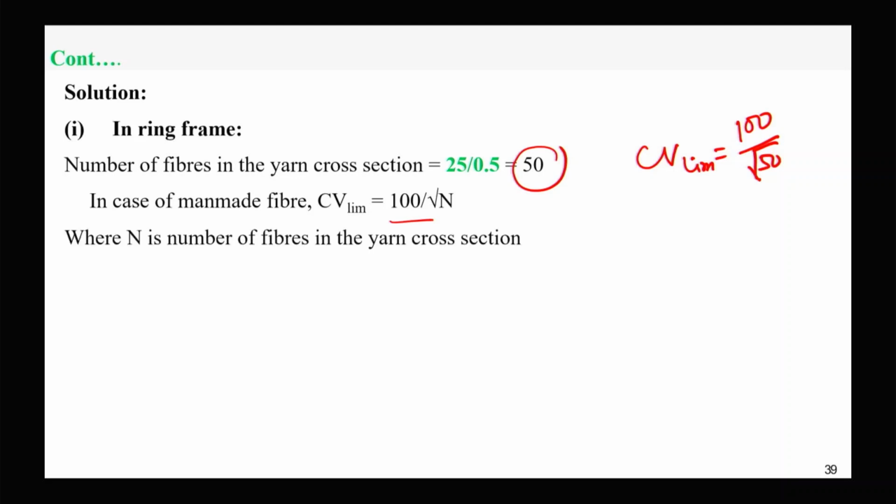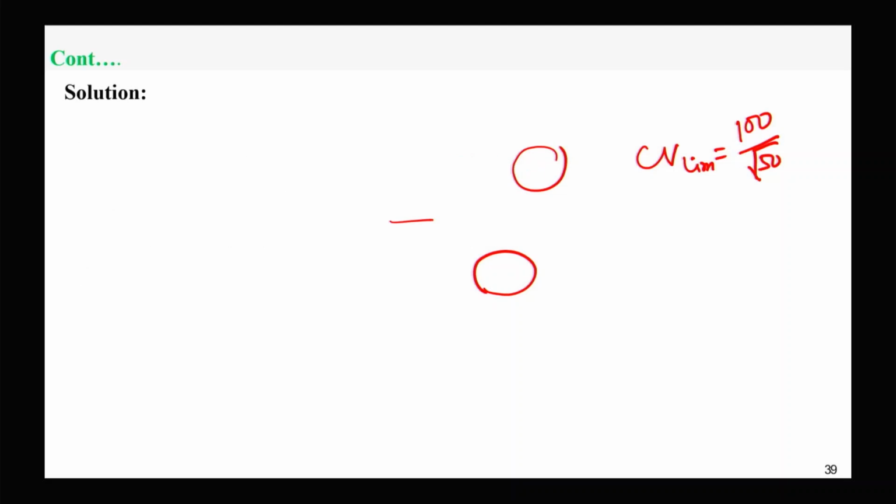This is the CV limit. So CV limit is 14.14. So 14.14 is the CV limit, and now for yarn we can go back.